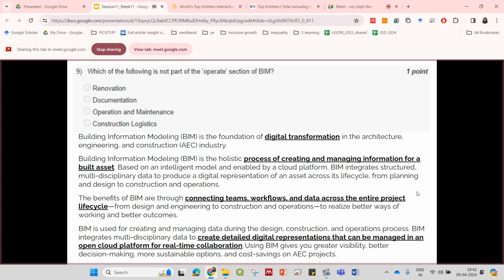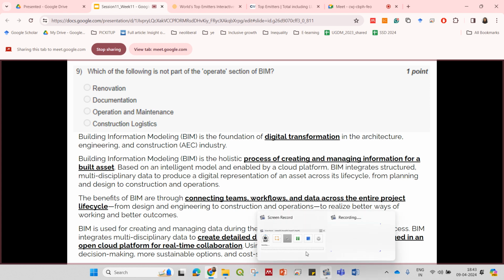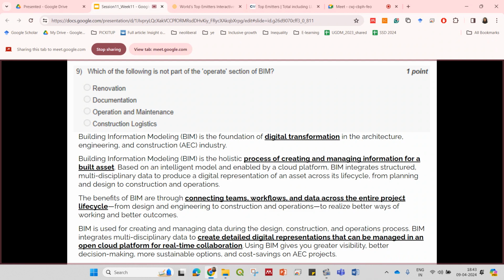So BIM is used for creating and managing data during the design, construction, and operation processes, and it integrates multidisciplinary data to create detailed digital representations that can be managed in an open cloud platform for real-time collaboration.